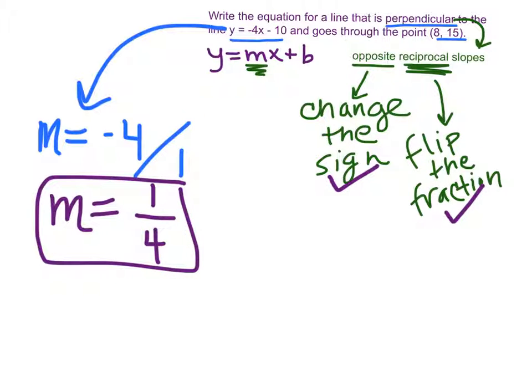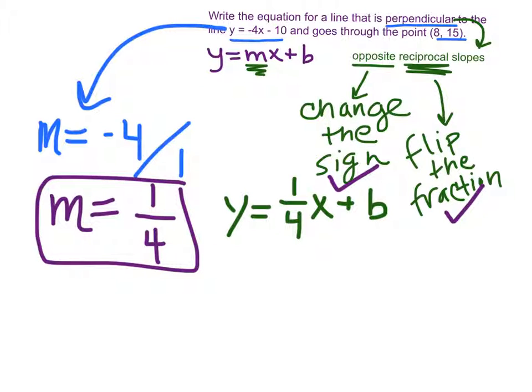I took the original slope of negative 4, knew that my slope would be positive, and then flipped the numerator and the denominator to arrive at a slope of positive 1/4. Now that slope can go right into our y equals mx plus b form: y equals 1/4 x plus b.